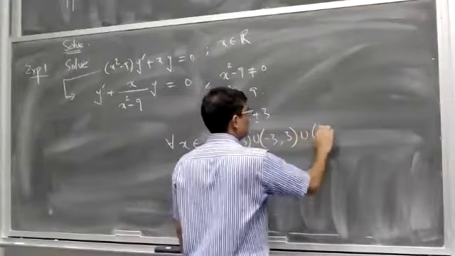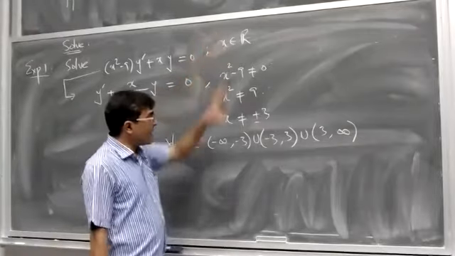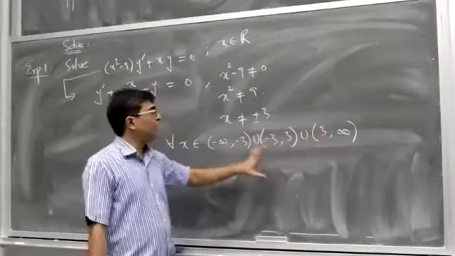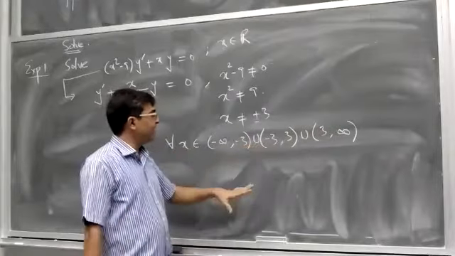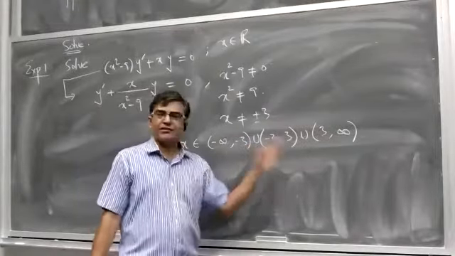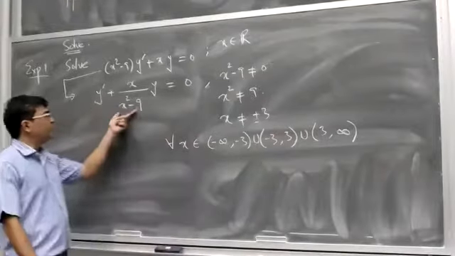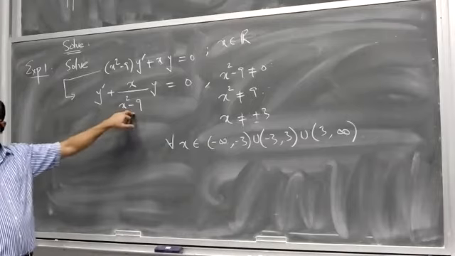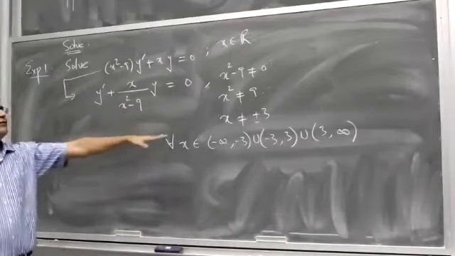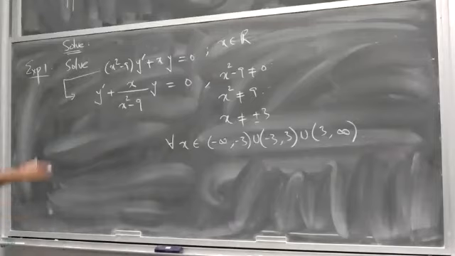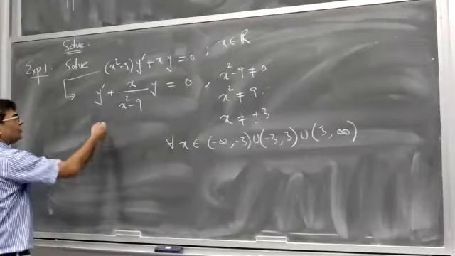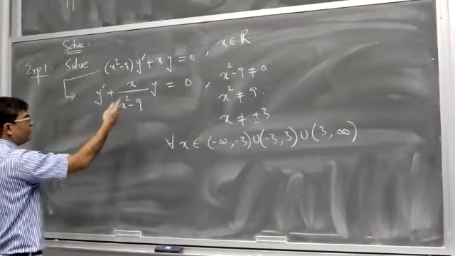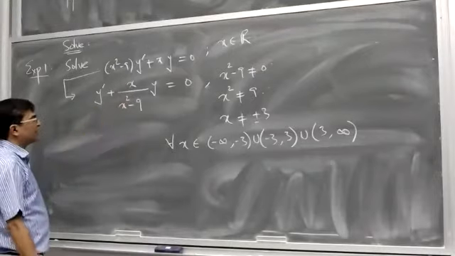So you have to split this R into 3 intervals, and eliminate minus 3 and 3 from this real line, because it is not possible to bring this factor in the denominator. Now you can solve this thing by using the technique which we have discussed earlier.